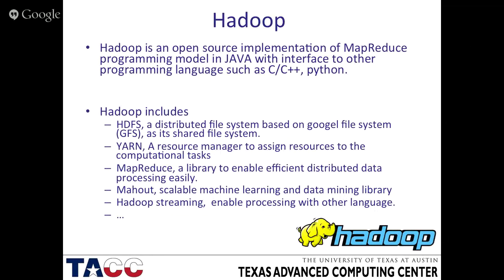One of the machine learning libraries is called Mahout. It's another Java library, but includes a set of scalable machine learning and data mining algorithms that are already implemented and work with Hadoop clusters.